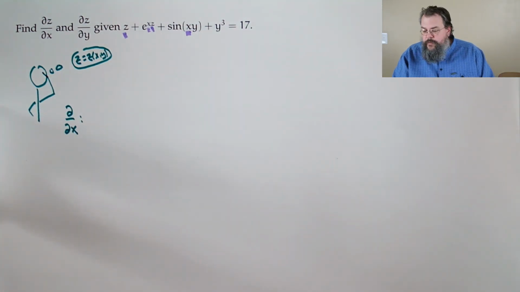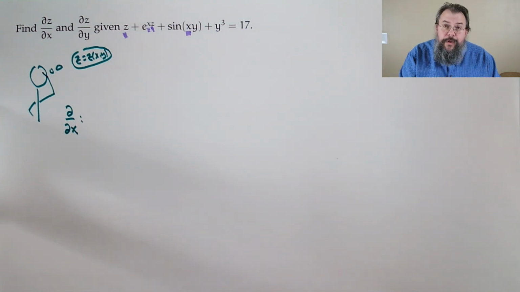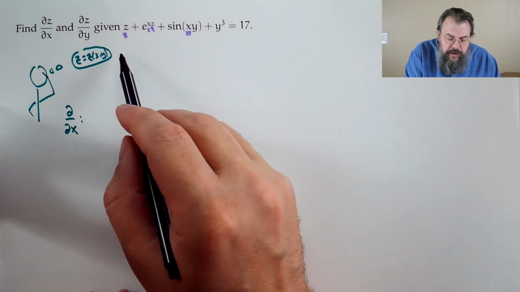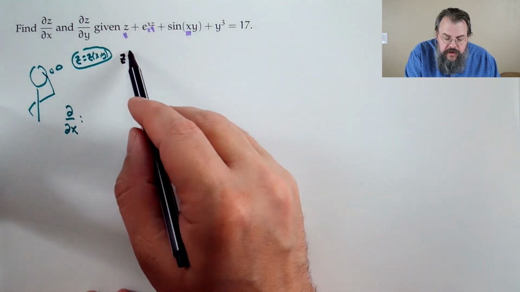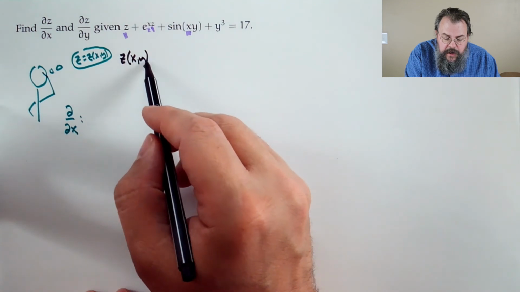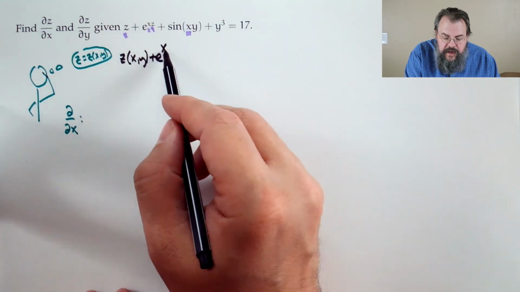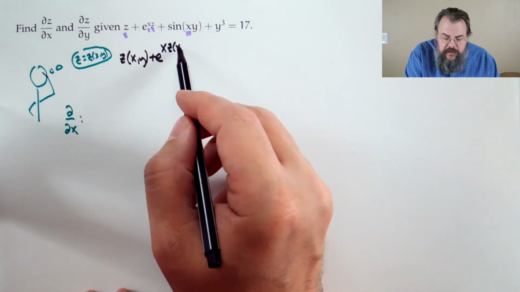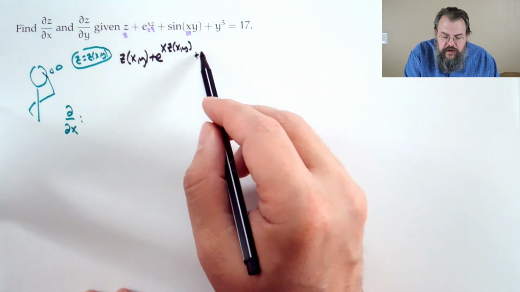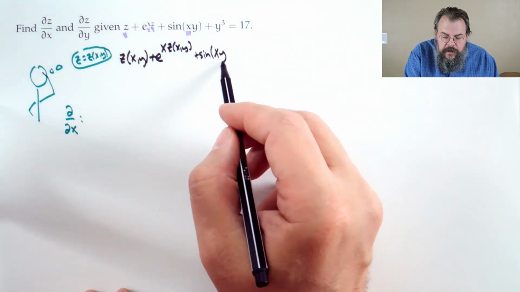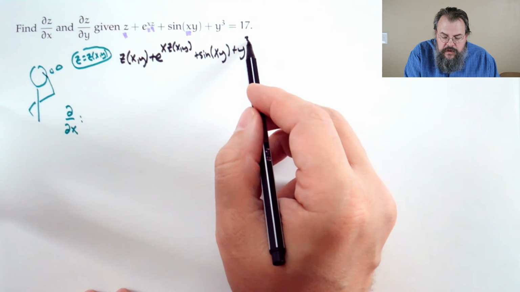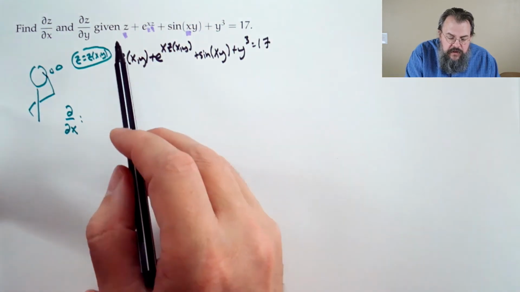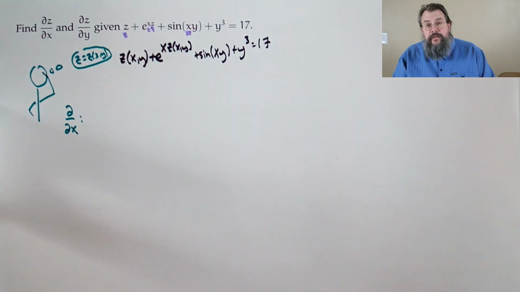Now we would never write this down in practice, but since we're doing it with friends, we'll do it one time just so we can get our mindset going. What we're really saying is it's z of x comma y plus e to the x times z of x comma y plus sine of x times y plus y cubed equals 17. So the z does have an x involved.